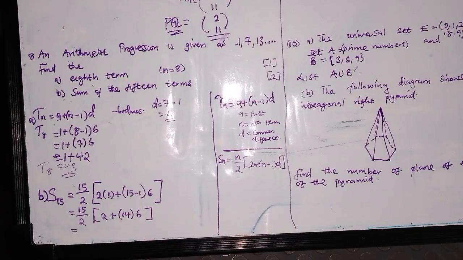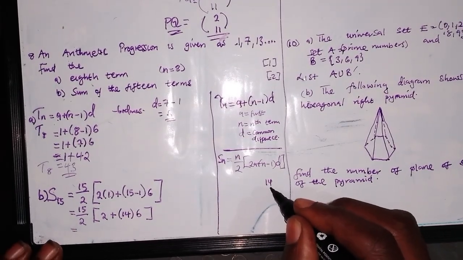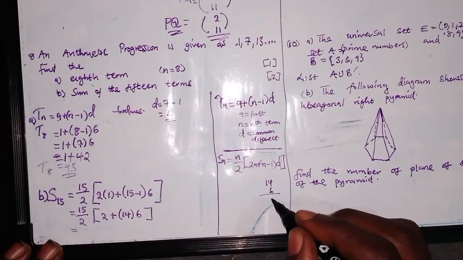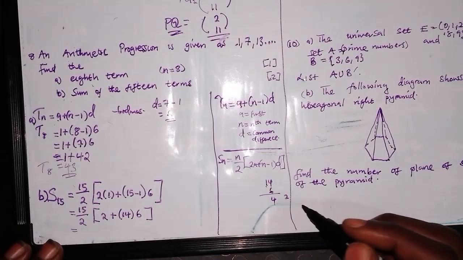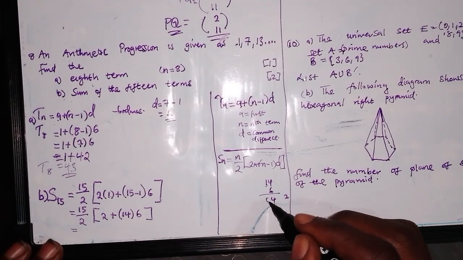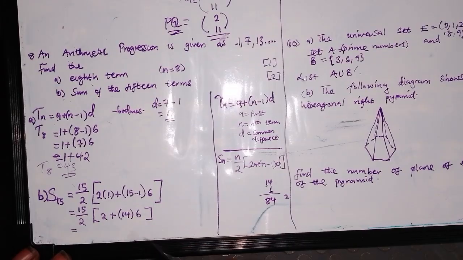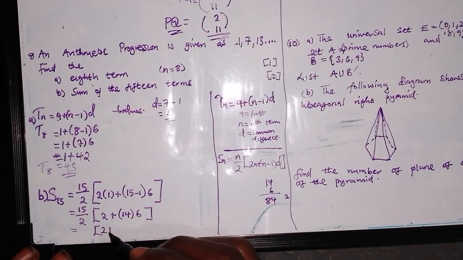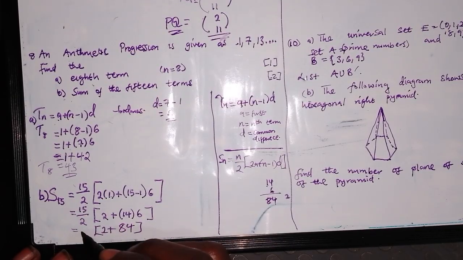Here you don't have a calculator, you have to use your head. So you say 14 times 6. 6 times 4, we have 24. 4 carry 2. Then you have 6 times 1, 6 plus 2, we have 8. So meaning 6 times 14, we are having 84.